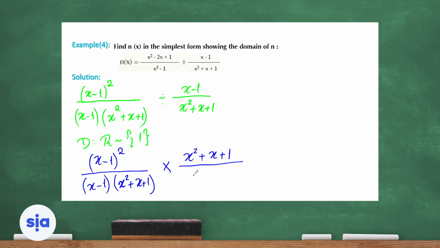Remember it very well. Keep, change, flip. How to simplify it more? You will see that one of these x minus 1 will be crossed out in here, another one will be crossed out with this one, and this one will be crossed out with this one, so it will be equal to 1.